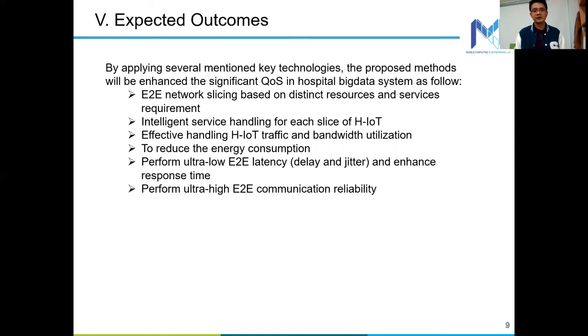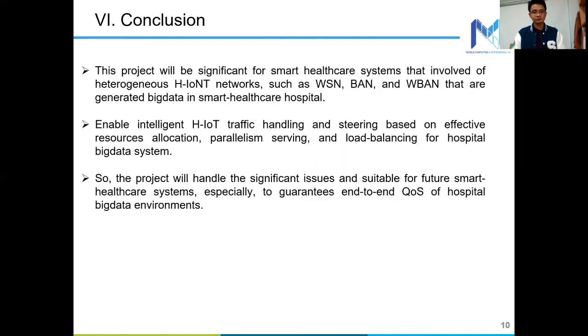It will reduce the energy consumption of the health IoT sensors and devices, and achieve ultra-low end-to-end latency, enhance response time, and provide ultra-high communication reliability.